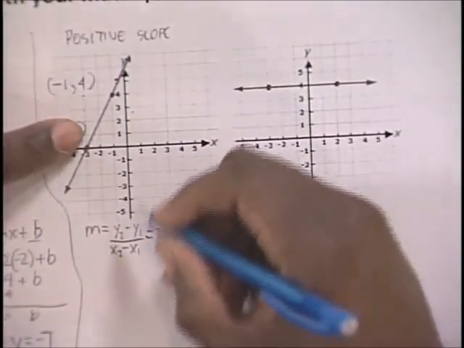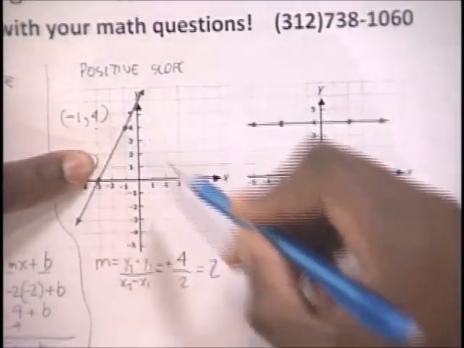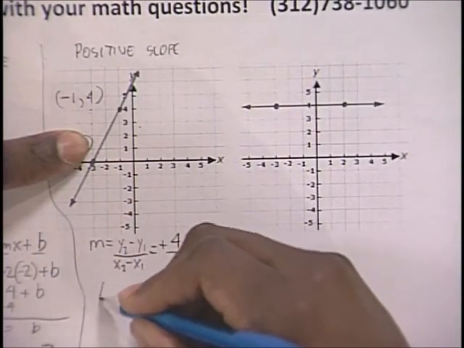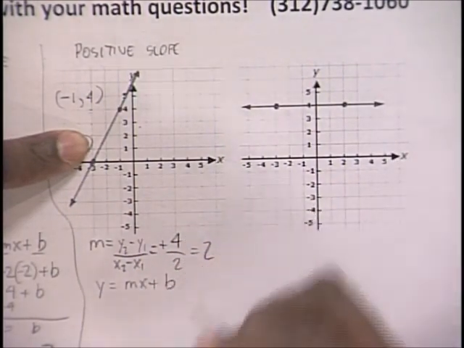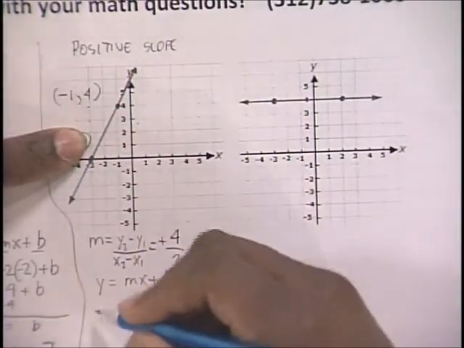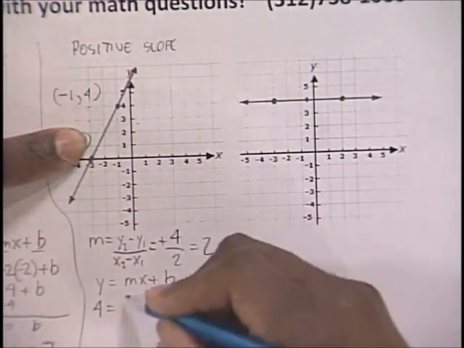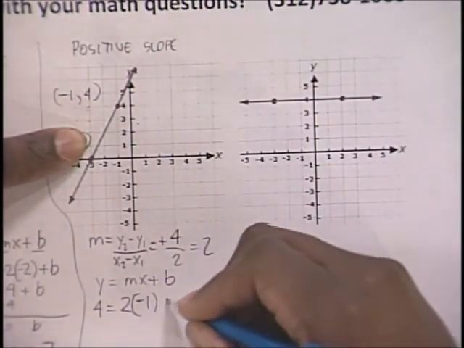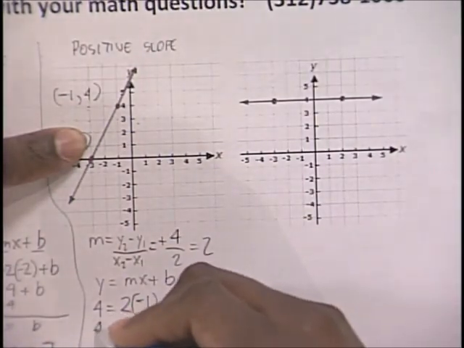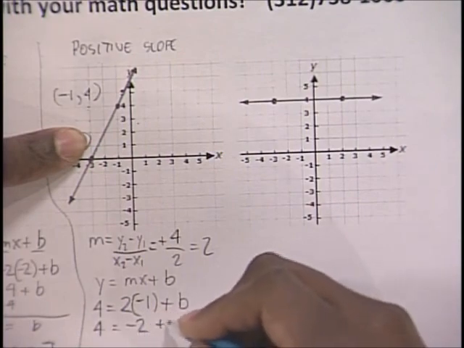So now we have the slope. Let's use this point right up here and our slope. All right, so now we have y is equal to mx plus b. You have the y value of 4 is equal to the slope of 2 times the x value of -1 plus b. So you have 4 is equal to -2 plus b.